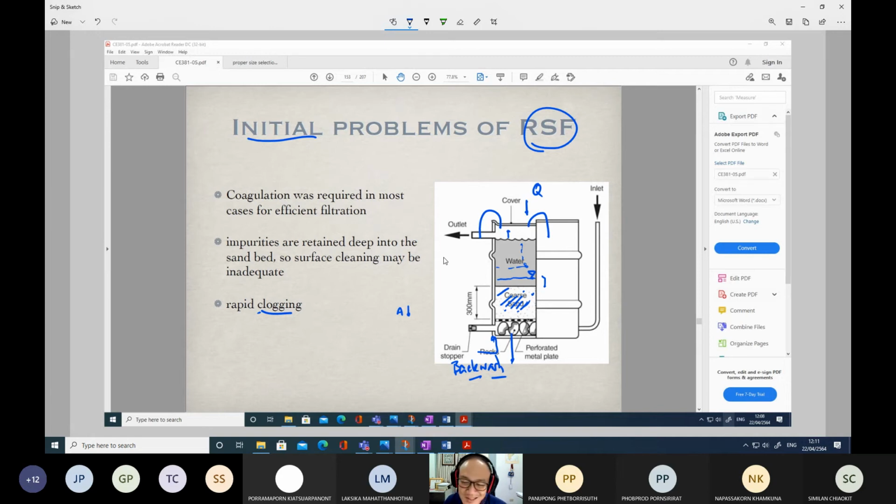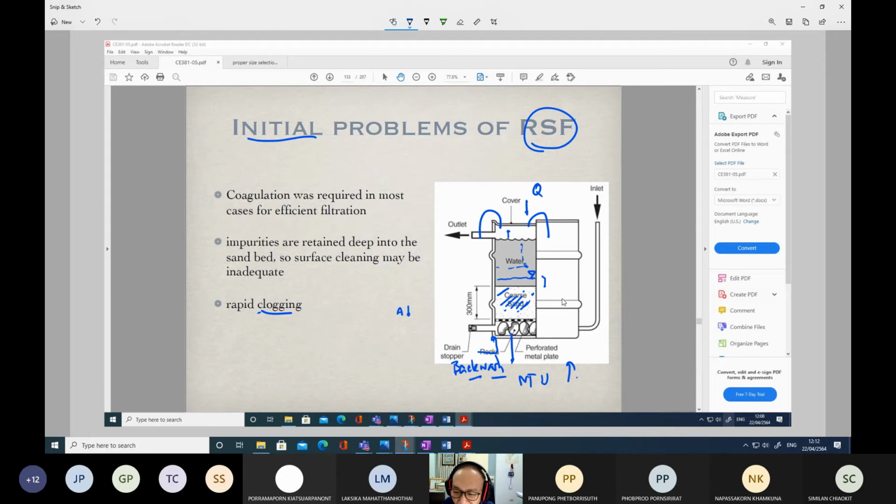On the other hand, if we filter for a long time, even though the water levels will not overflow, you will still observe some increase in turbidity. You will still observe the turbidity increase if you don't backwash for a long time.